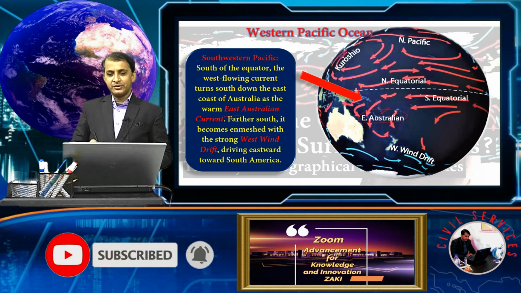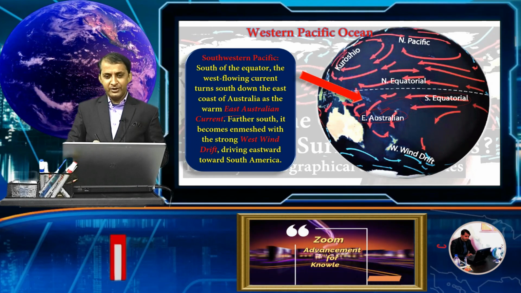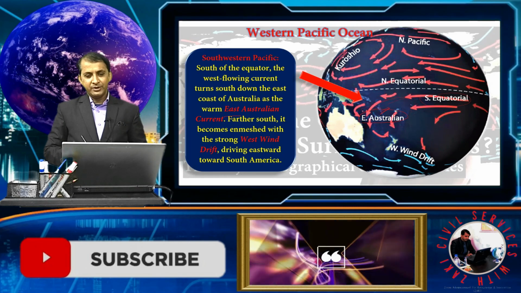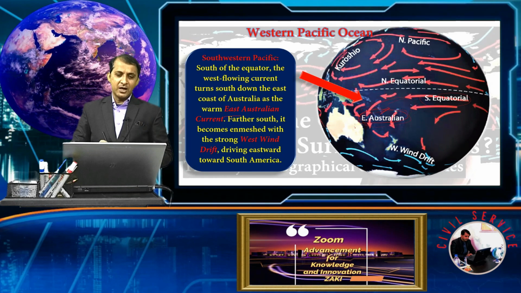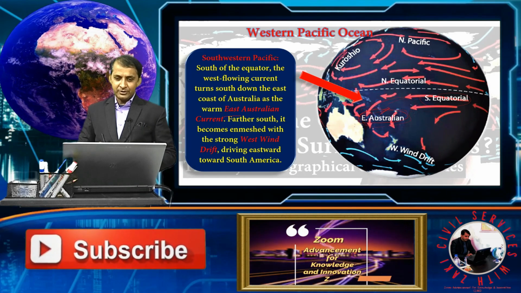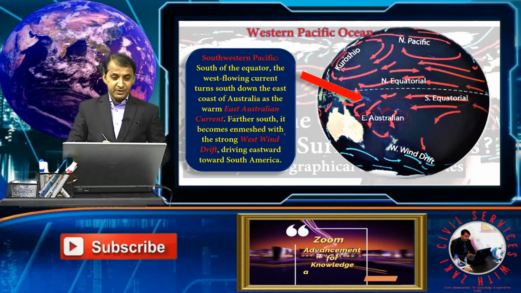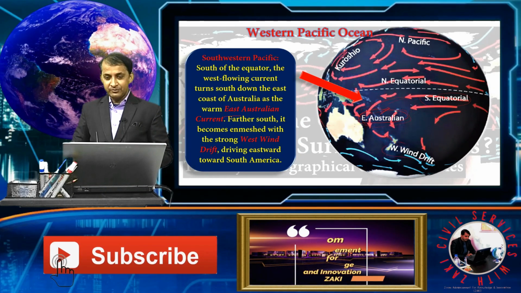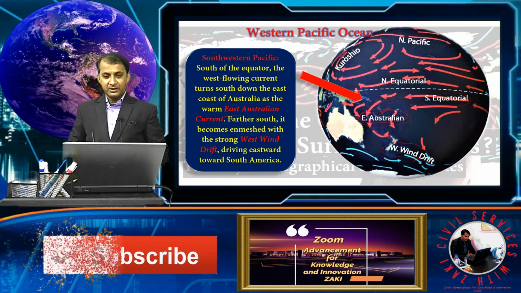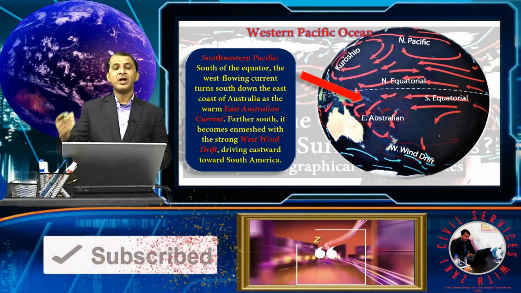The South Equatorial current turns due to the continent like Australia and moves eastward. Further south, near New Zealand, they merge with the strong west wind drift and finally go towards South America.